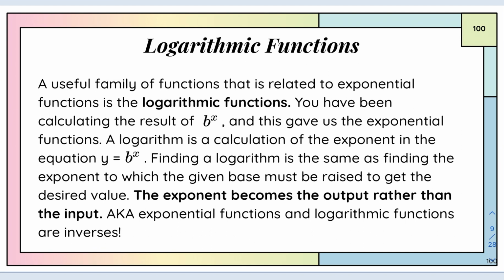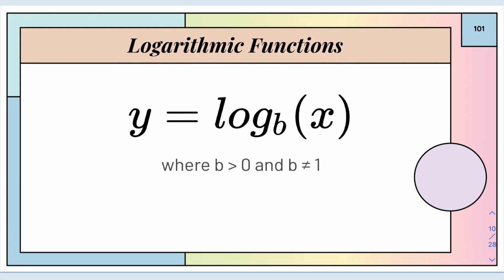Okay, so exponential and logarithmic functions are inverses. This is the parent function for a log, and we would say this as y equals log base b of x. That's how you're going to say it.